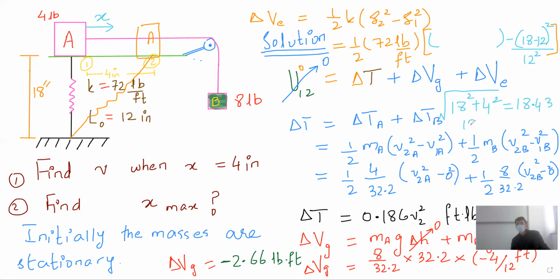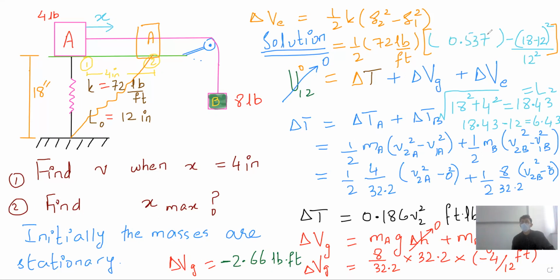Now 18.43 is equal to L2 minus L naught, which is 12. It gives me 6.43. Now 6.43 over 12. You have to give me a value now. 0.53, 0.537 is in my notes.